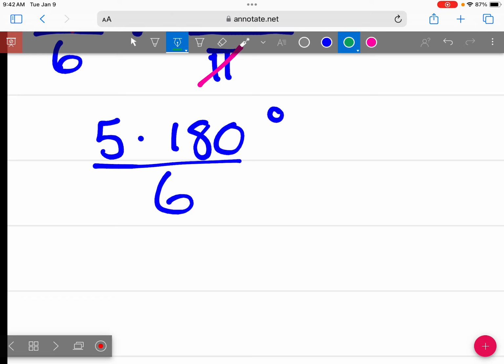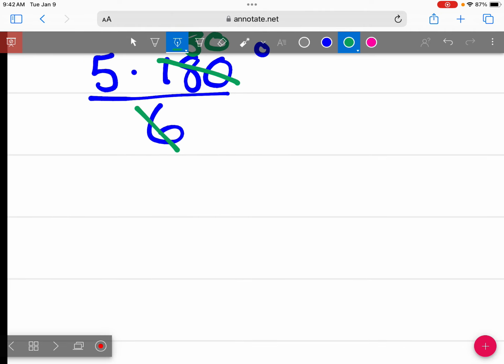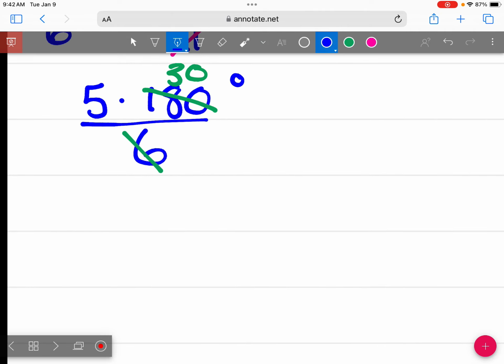How can I simplify this right here? The 6 and the 180. What does the 180 become when it divides by 6? 30. Because 18 divided by 6 is 3. So we have 5 times 30, 150 degrees. So 5 pi over 6 is 150 degrees. So this little section right here is just unit conversions.